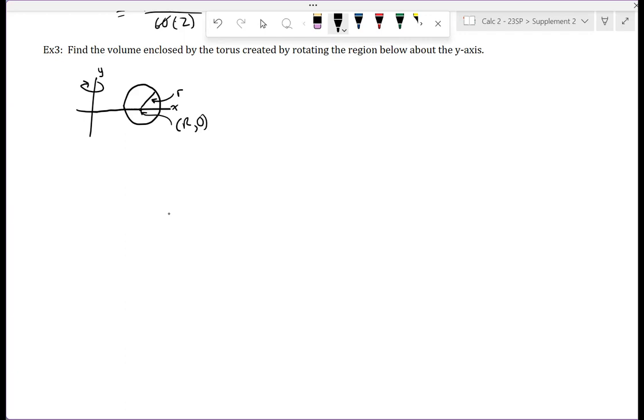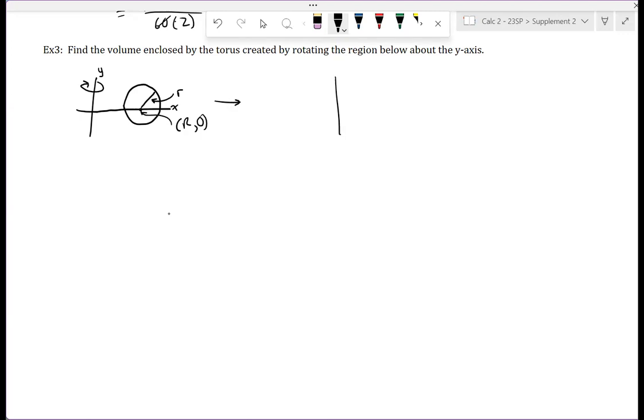So we can see this is going to rotate around and make a torus or a donut. We note that there are two radii that we have to consider here. There's the radius that represents the thickness of the donut, and then the radius that represents the width of the donut, in some manner of speaking. So that's little r and capital R respectively.